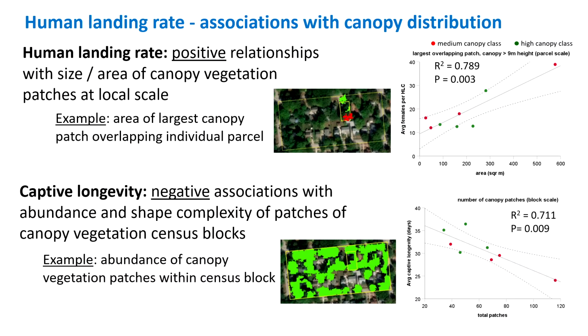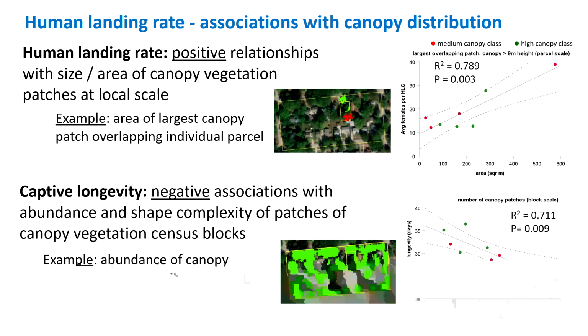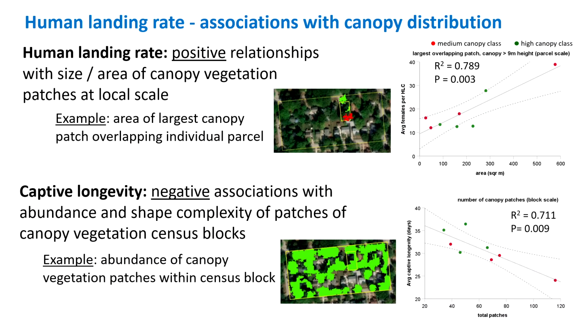We also found a relationship with the landscape shape index, so a more complex canopy environment with a lot more edge habitat was associated with a lower captive longevity and presumably an older population age.